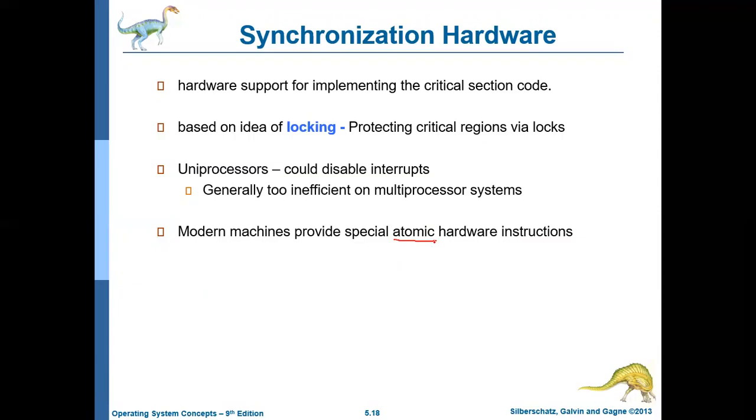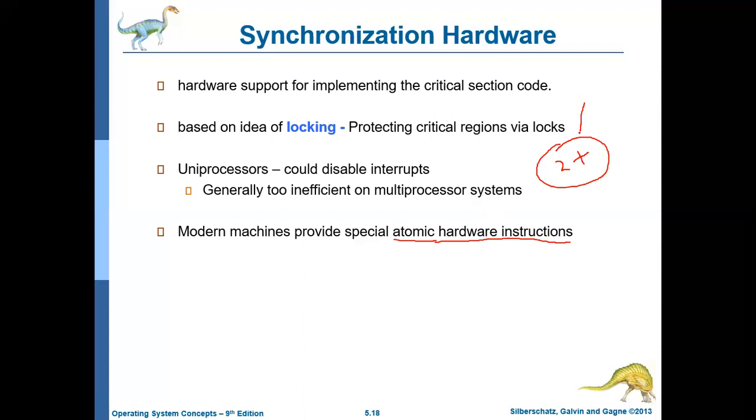What is meant by an atomic hardware instruction? It means two or more instructions will be executed like a single instruction. The hardware may be executing two or more instructions, but they will be treated as a single instruction and executed together.